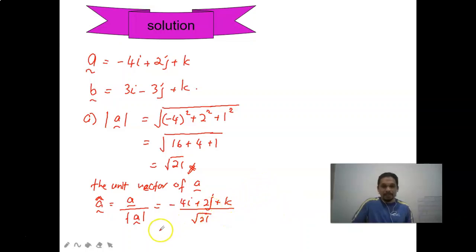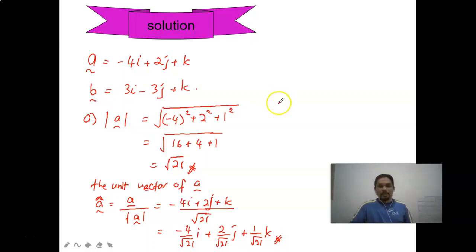Okay, so then we list down here one by one. It is negative 4 divided by the square root of 21 i, plus 2 divided by the square root of 21 j, plus 1 over the square root of 21 k.